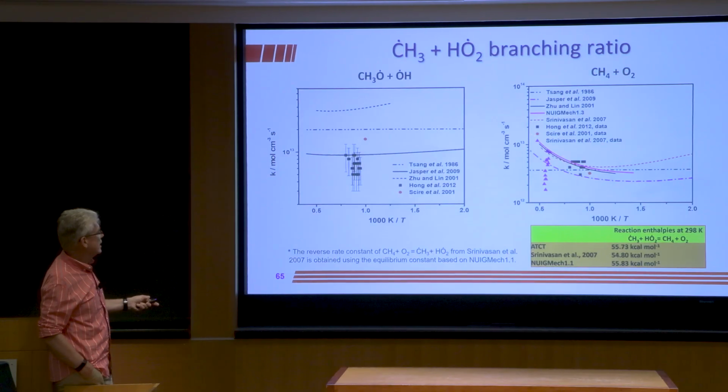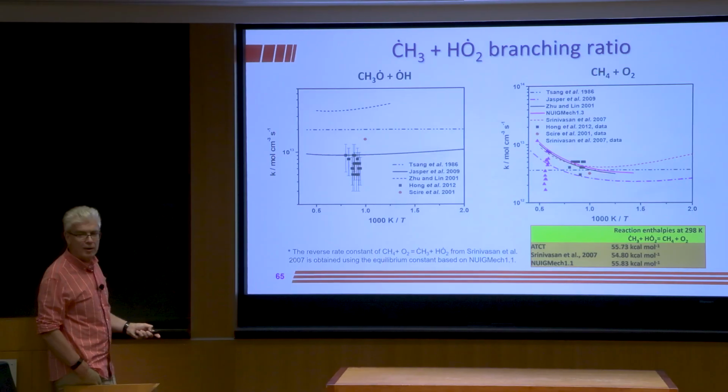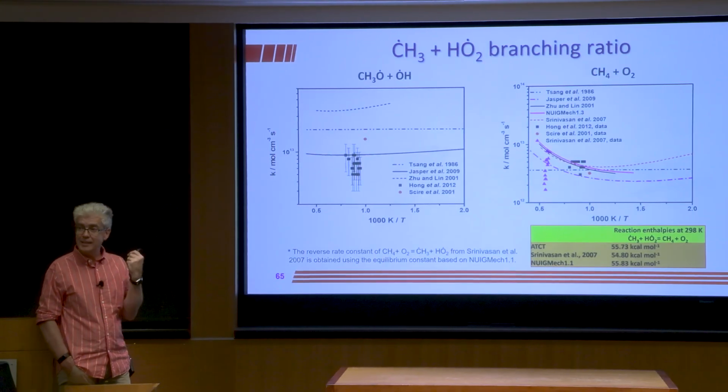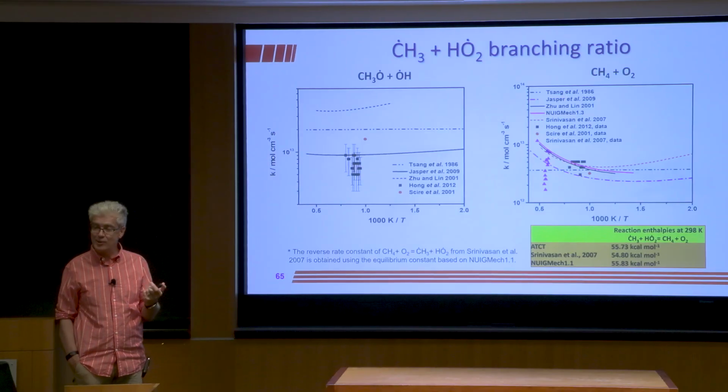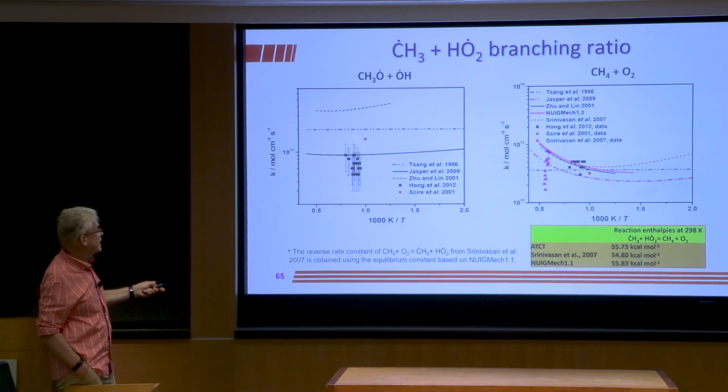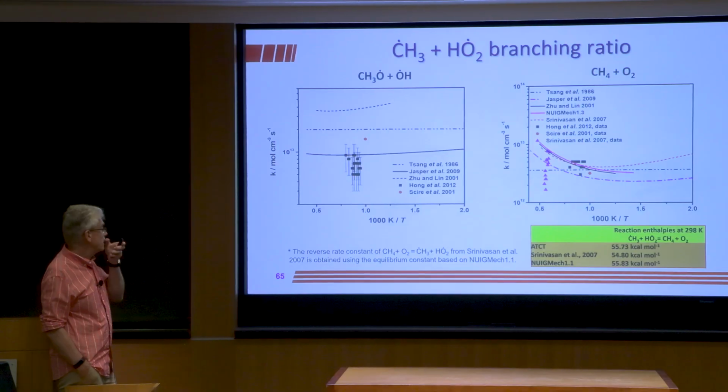The dashed line is an adjusted rate constant. We're constantly moving this slightly up and down, but you can see it's within the error or the uncertainty of the rate constant. But here's the calculated rate constant from Zhu and Lin, the calculated rate constant from Jasper from 2009, okay? But certainly they're within the uncertainty of the rate constant here.